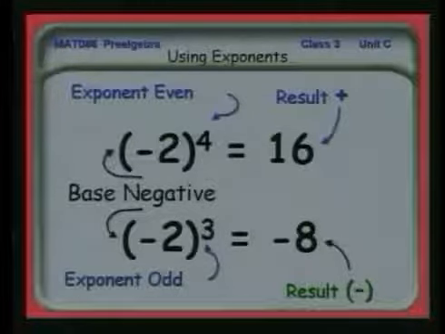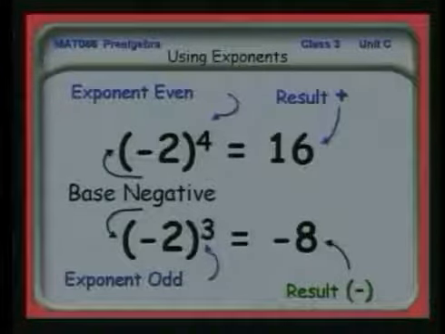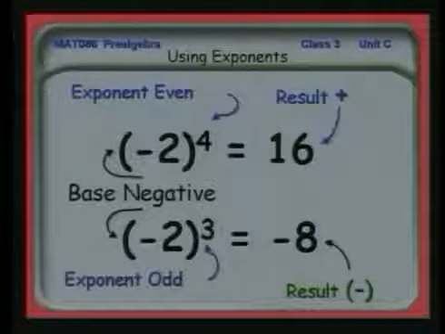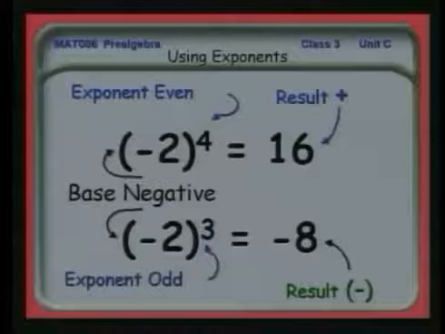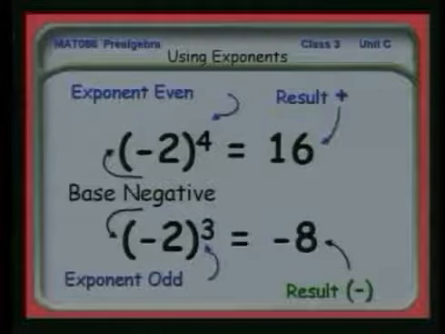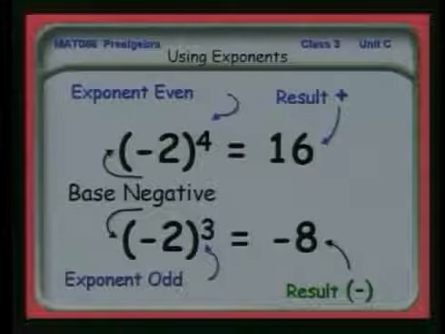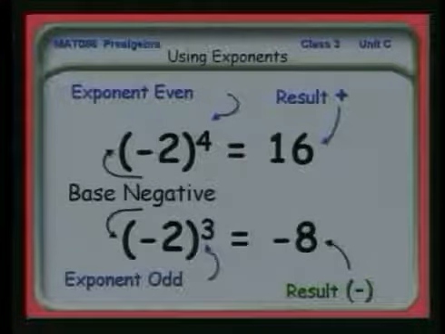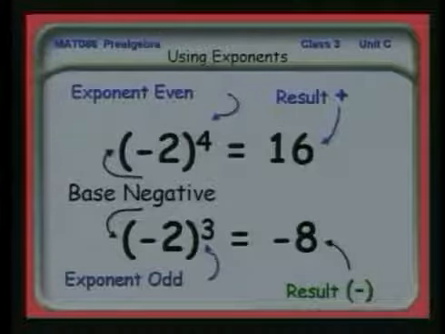Now, this is true generally because if the power is even, you can group them in twos, and if you can group negatives together in twos, they become positive. But if you have an odd power, as you see here, you're going to have negatives grouped in twos, which is going to be positive, and then multiplied by one more negative, which is negative.